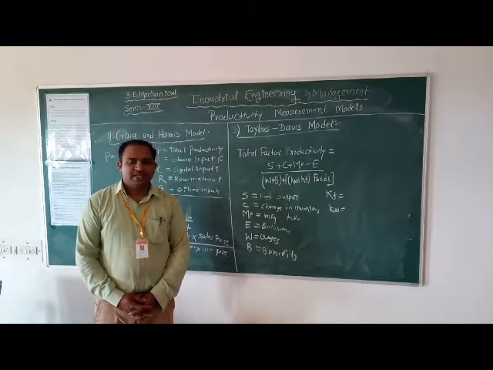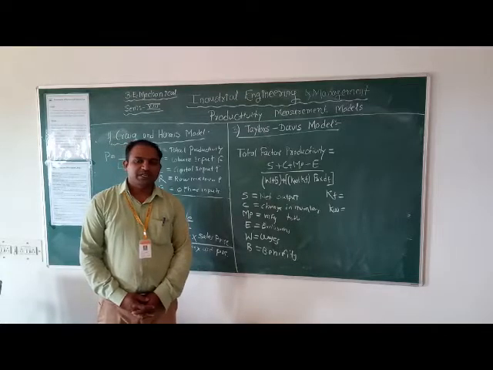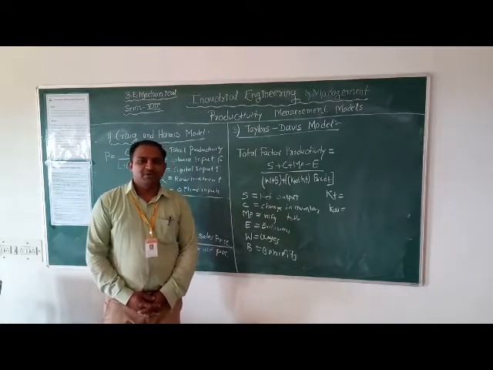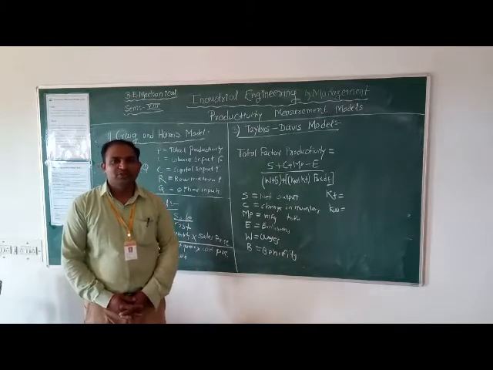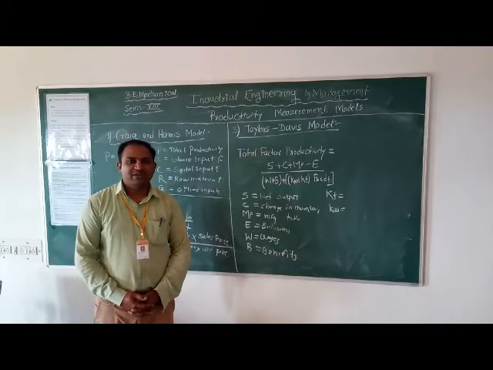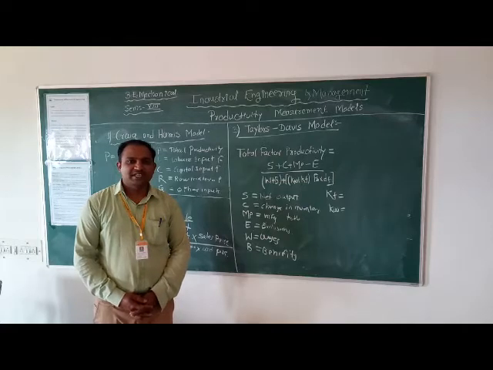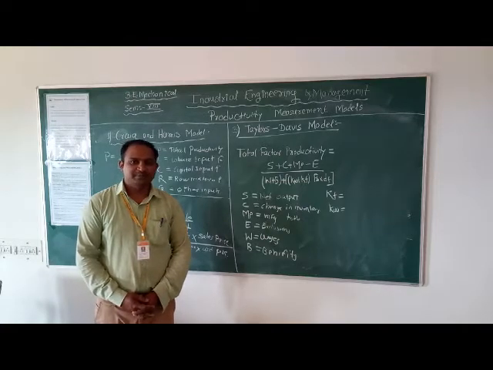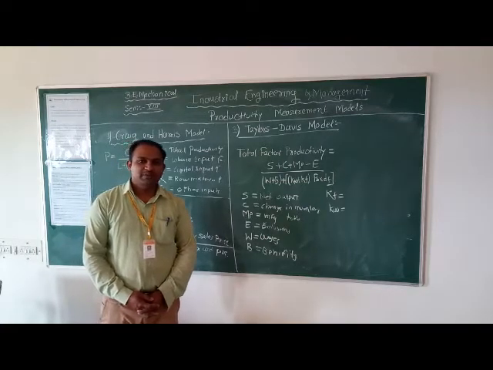The types of productivity are material productivity. In material productivity, the total output is compared with the material input. Material input means the total material quantity used to produce them. Then labor productivity.